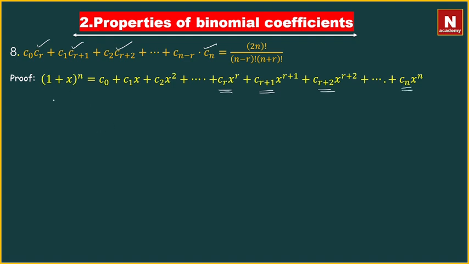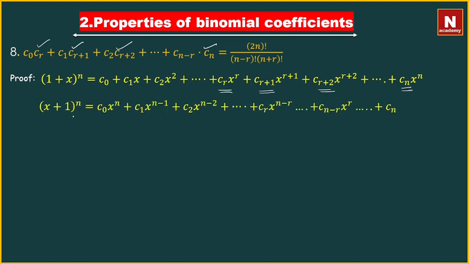Next, same expansion but in reverse order, I am taking x plus 1 whole power n. This is the expansion of x plus 1 whole power n. By using binomial theorem, we can expand like this: C0 x power n plus C1 x power n minus 1 plus C2 x power n minus 2 plus and so on Cr x power n minus r plus and so on Cn minus r x power r plus and so on Cn.